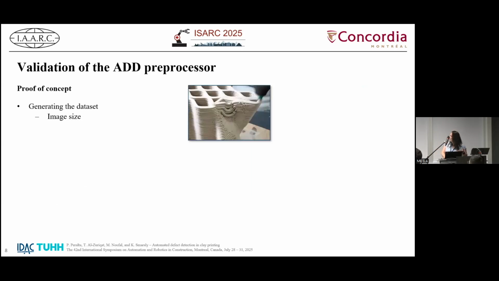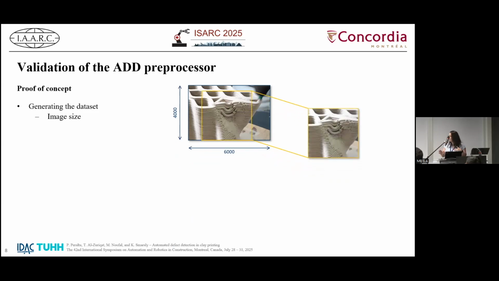For generating the data set, first we have to adjust the image size. We select our area of interest, and we cut it to the image size that we selected, which is 640 by 640 pixels. Then we applied the color-blind model, so we adjusted the grayscale. Then we proceed to labeling the defect, where we provide the bounding box and the corresponding index number.